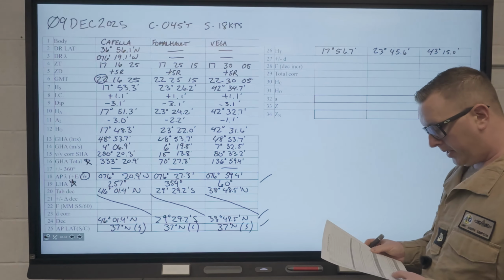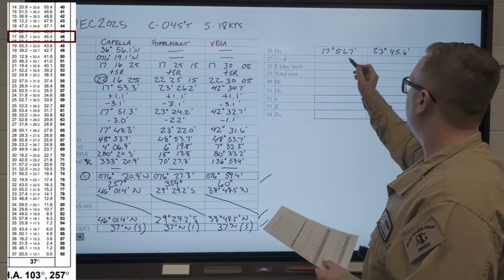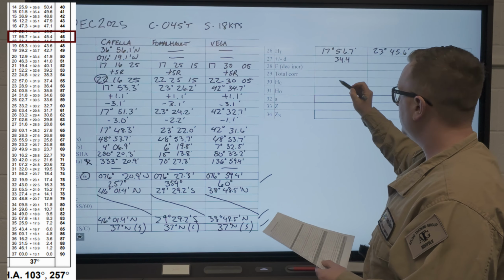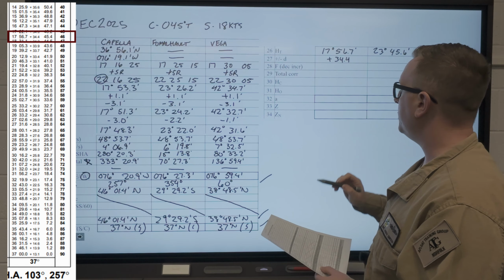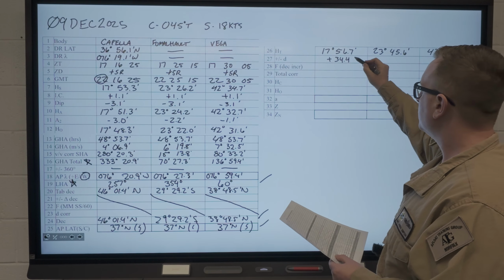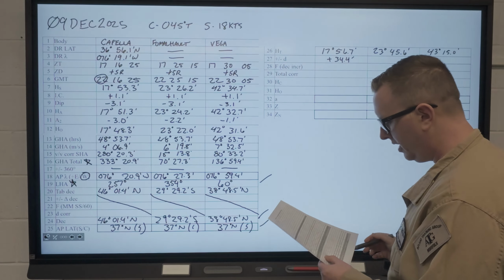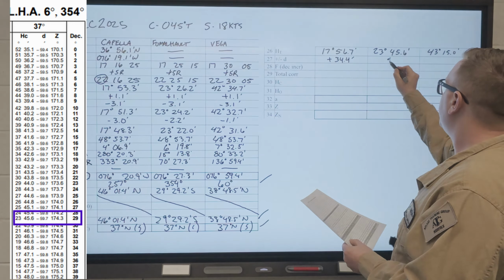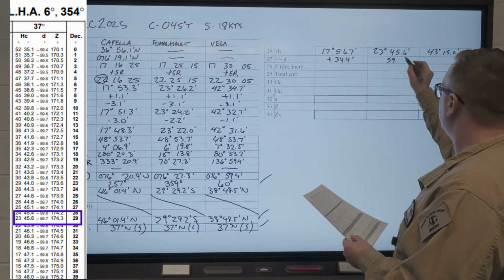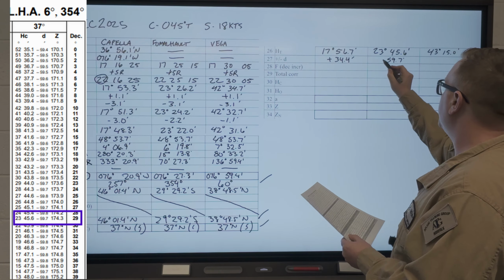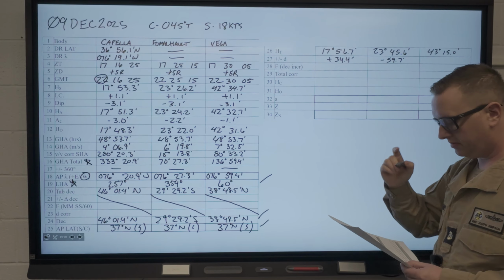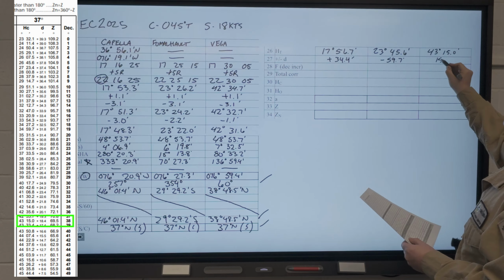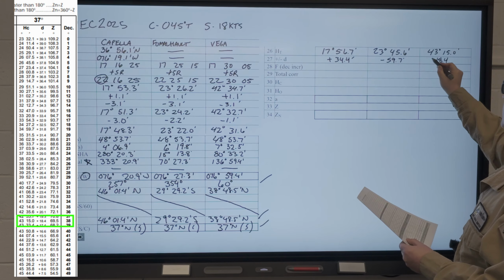For Capella, it said 34.4, and it was a positive value. For Fomalhaut, it was 59.7, and it was a negative value. And Vega was 18.4, positive value.